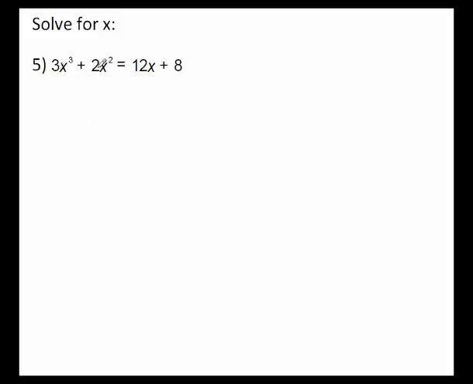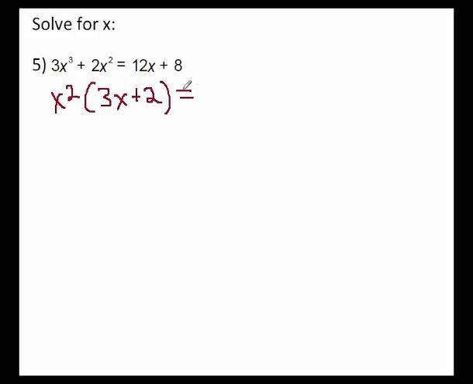You can factor something out of here, and that is you can factor an x squared out of each one. So you can say, for example, x squared times, and then this becomes 3x, and the other side becomes 2. You can factor out x squared out of each one because there are at least 2 x's in each term.